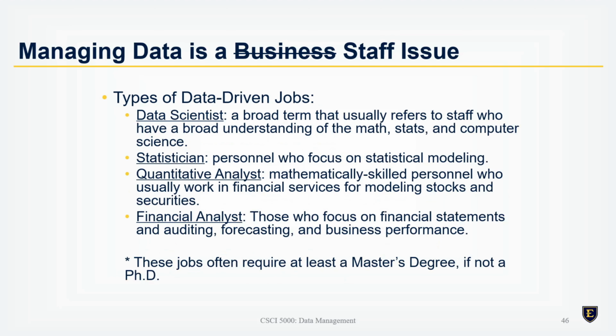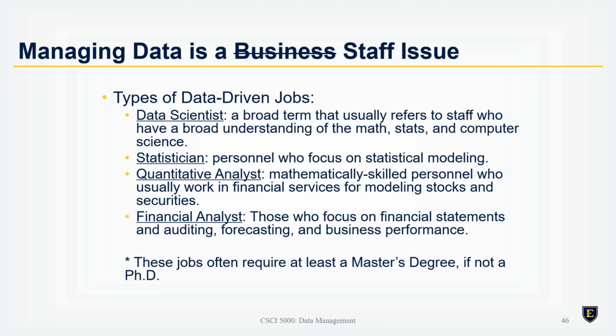So a data scientist, and let me just note that these jobs that I'm speaking about now often require at least a master's degree and sometimes a PhD. A data scientist is a broad term that usually refers to people who have a broad understanding of the mathematics, statistics, and computer science behind data analytics itself.